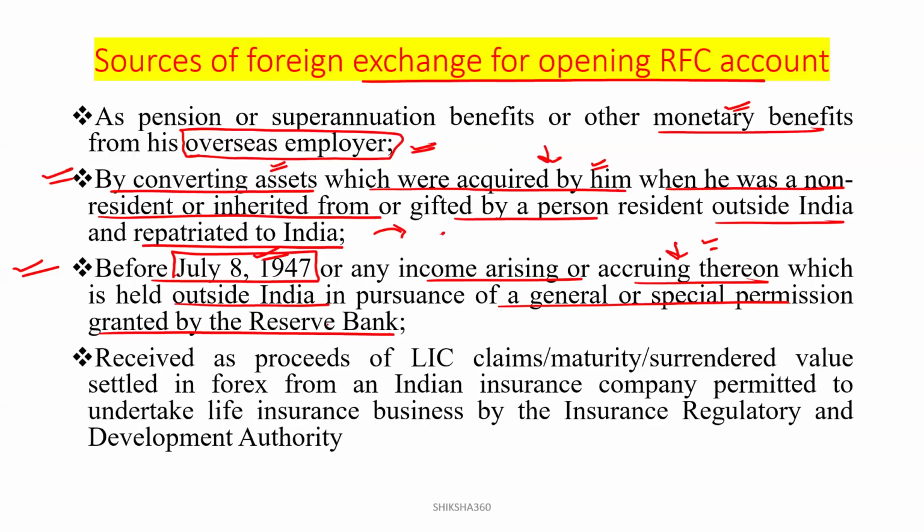Before 8th of July 1947, or any income arising or acquiring thereon which is held outside India in pursuance of a general or special permission granted by the Reserve Bank, received as proceeds of LIC claims, maturity, surrendered value settled in forex from an Indian insurance company permitted to undertake life insurance business by the Insurance Regulatory and Development Authority.